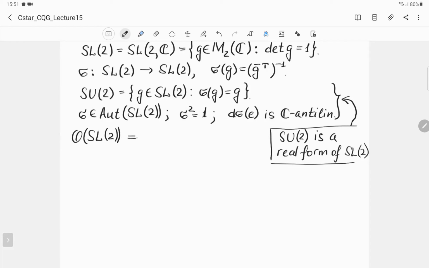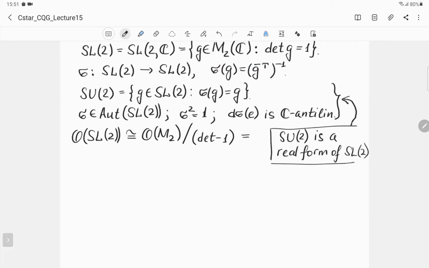This algebra can be written as the quotient of the algebra of regular functions on the 2x2 matrices modulo the ideal generated by the determinant minus 1.